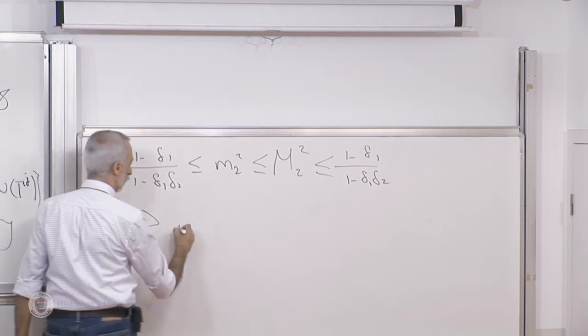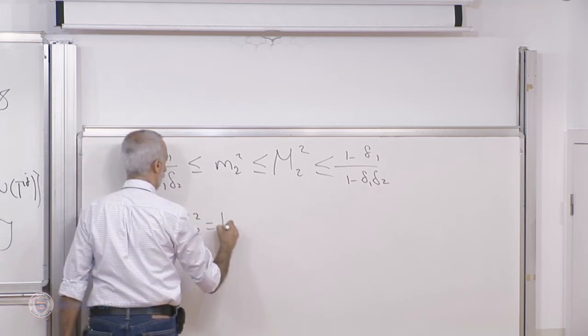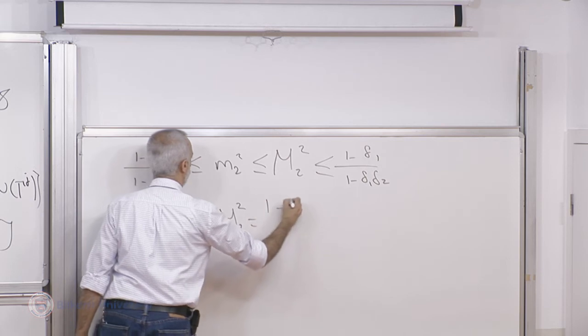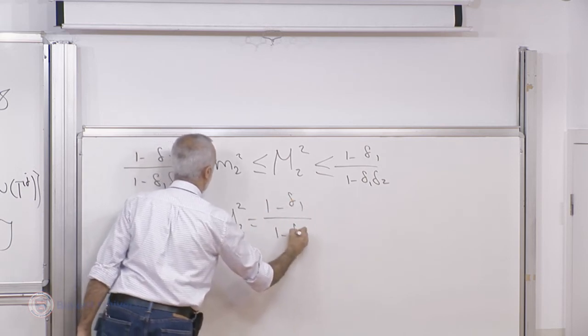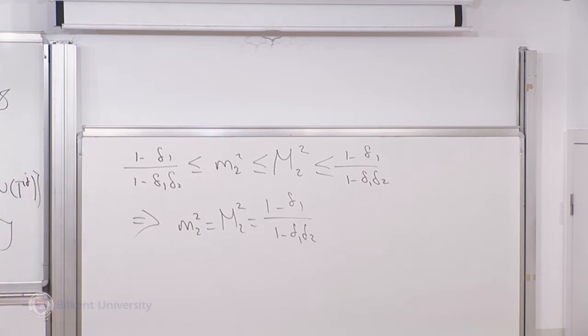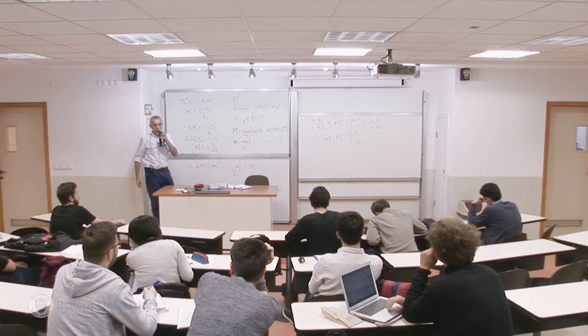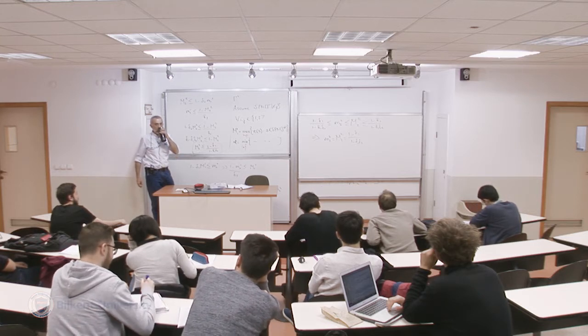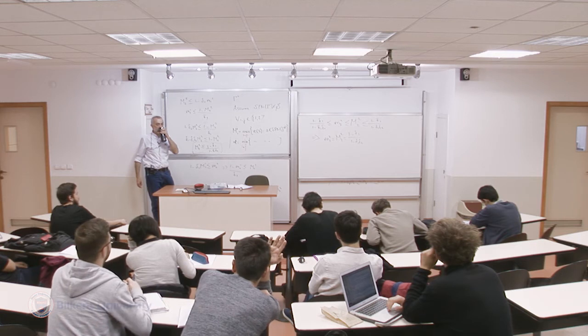They're equal, and they're equal to 1 minus delta 1 over 1 minus delta 1 times delta 2. Okay? So far, so good? Any questions? We have also to find M11.